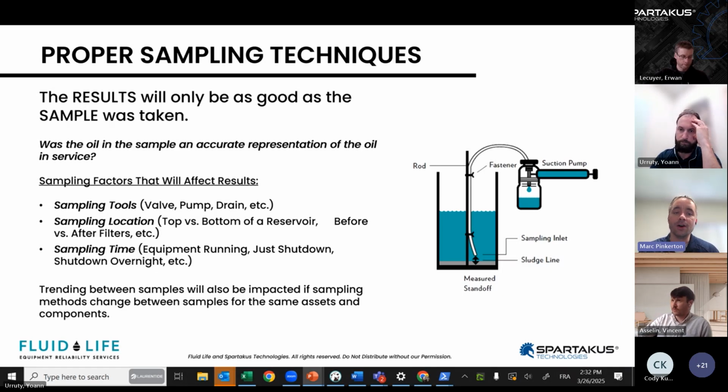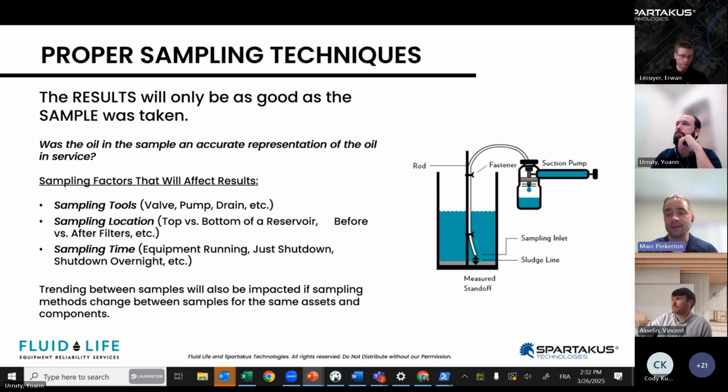So all of the different options you have are acceptable depending on what your goals are. But the main thing to remember is whatever options you choose, you want to use those over and over again, right? Don't take one sample with a pump from an asset and then the next time use a valve or something like that. Oil analysis instruments are very, very precise.